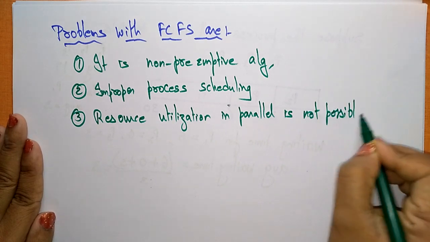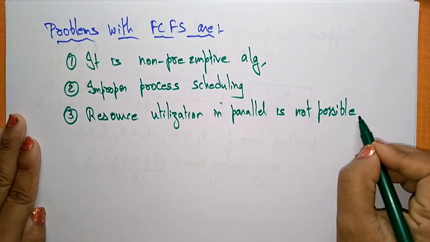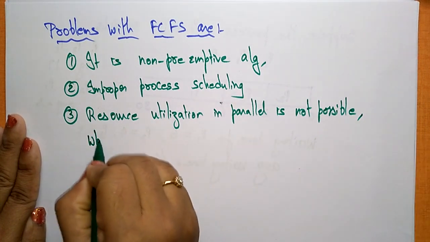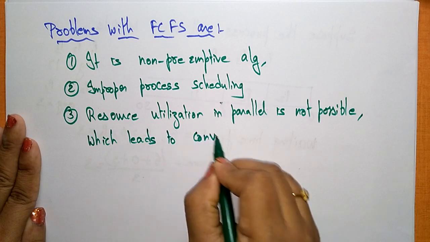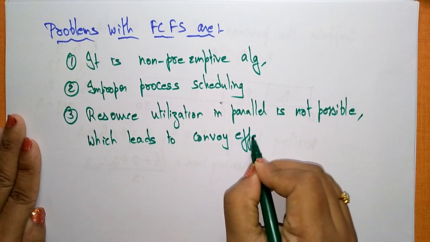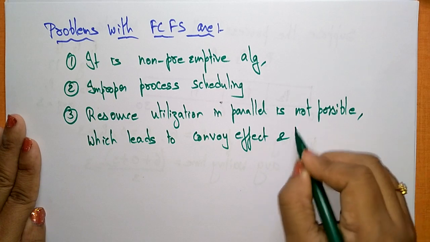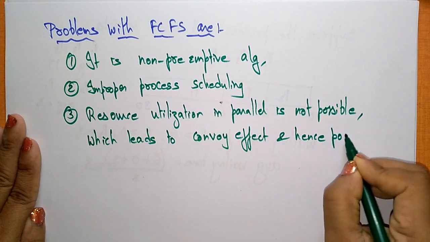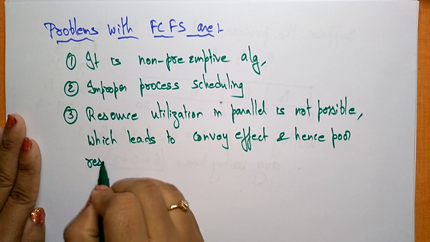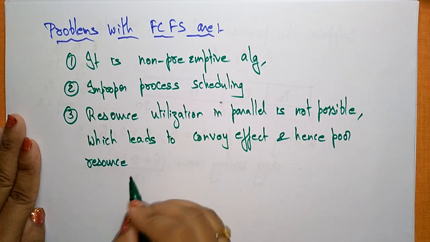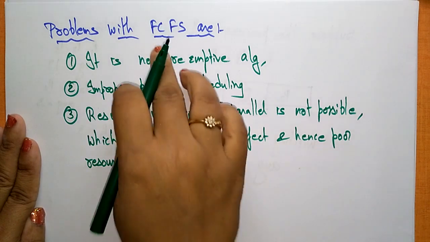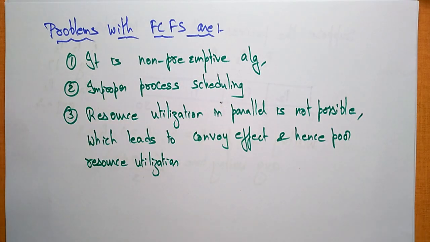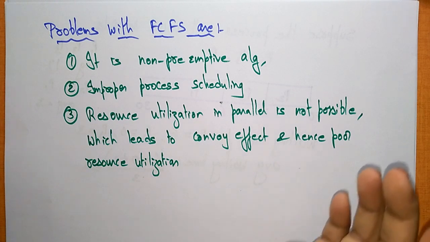In FCFS, resource utilization in parallel is not possible, which leads to the Convoy effect, and hence poor resource utilization, meaning poor CPU and IO utilization. If you use the first come first serve algorithm, it leads to poor resource utilization. The CPU and IO utilization becomes degraded.